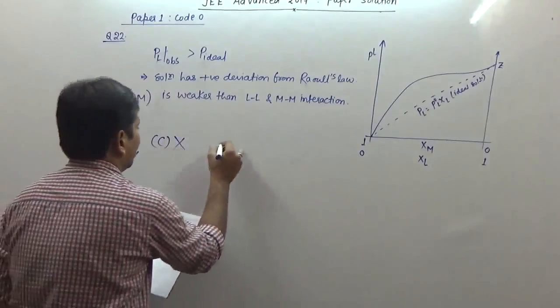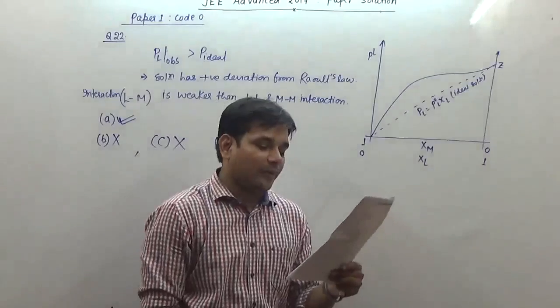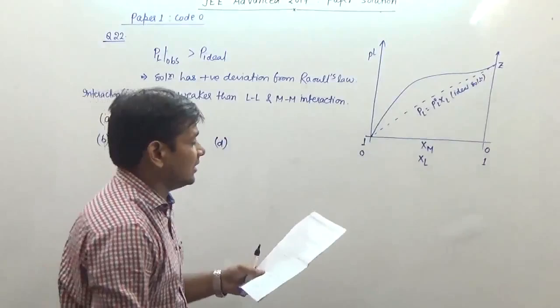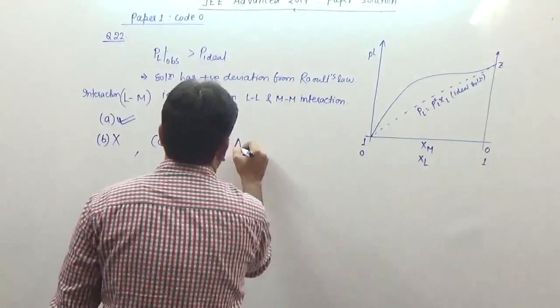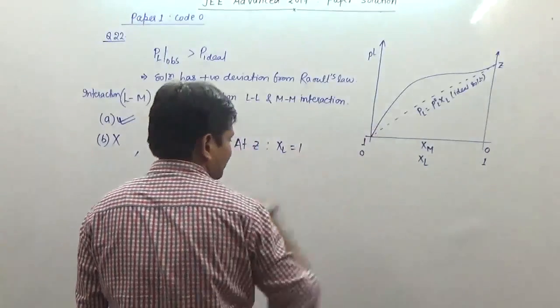D part, you can see that it is telling that the point Z represents vapor pressure of pure liquid L when Raoult's law is obeyed, when XL is equal to 1. At Z, you can see that XL is equal to 1, XM is equal to 0.